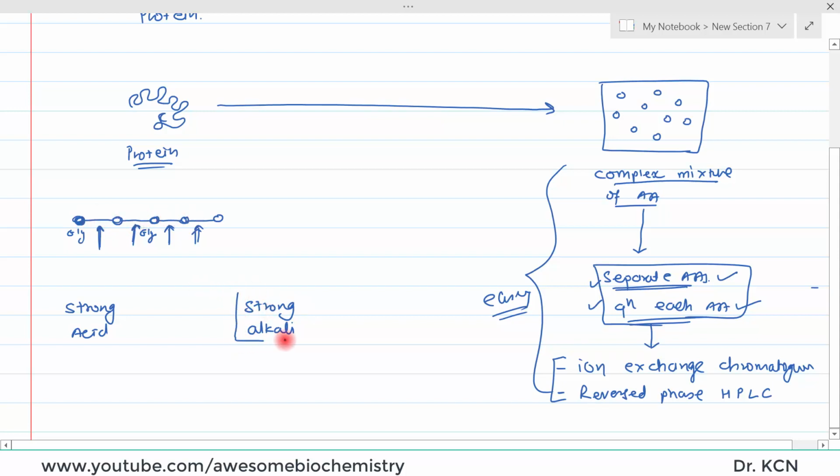But there are certain issues with strong alkali. It destroys the peptide bonds, but along with that, it also destroys the amino acids, and so we cannot get a complete mixture of amino acids. This whole process will be spoiled.